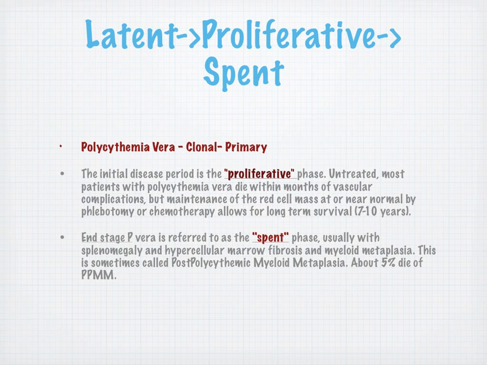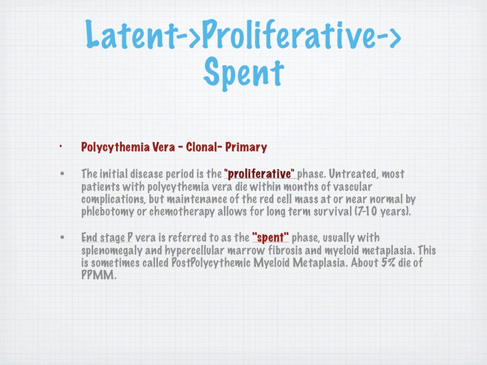And so if we looked at the stages or the phases that are important in the condition known as polycythemia vera, clonal polycythemia vera, primary polycythemia vera, we're talking about a clonal primary erythrocytosis. The initial disease period is the proliferative phase. In the proliferative phase, if untreated, most patients with polycythemia vera are going to die within months of some kind of vascular complication.